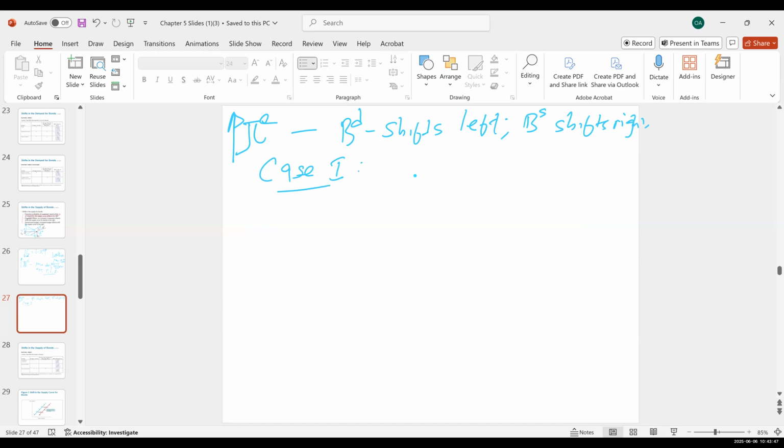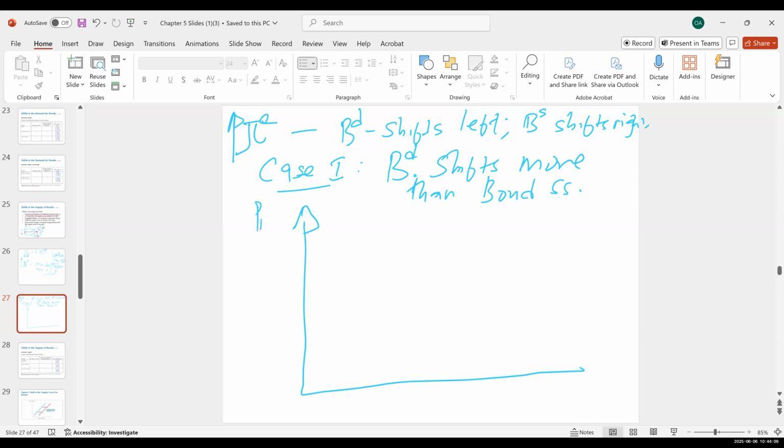Case one, let's assume that bond demand shifts more than bond supply. It doesn't matter which one you call case one. You could also start with bond supply shifts more than bond demand. So this case is going to look like this.